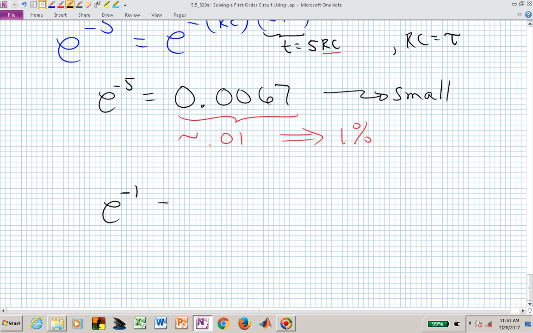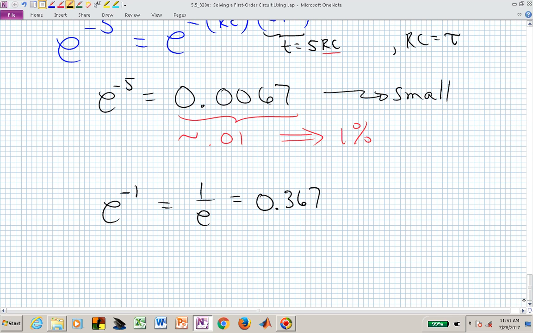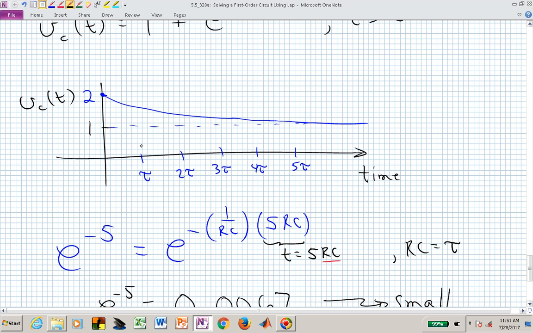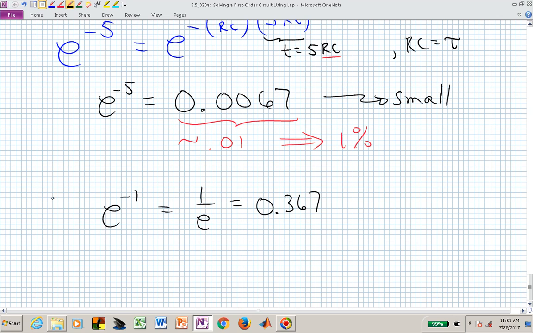And you can actually see that if we looked at different values of these exponents, if we looked at e to the minus 1, that's 1 over e, and that will occur when t is equal to RC, or that's actually 1 time constant, and this is 0.367 in terms of a value. So at 1 time constant, my sketch is not very accurate, but we're 37% towards our final value. So this is now like 37% of the distance between where we started and where we're going to end up.